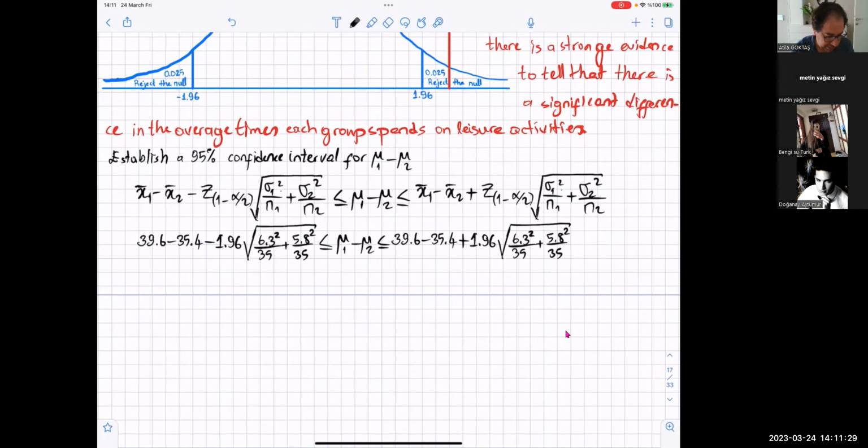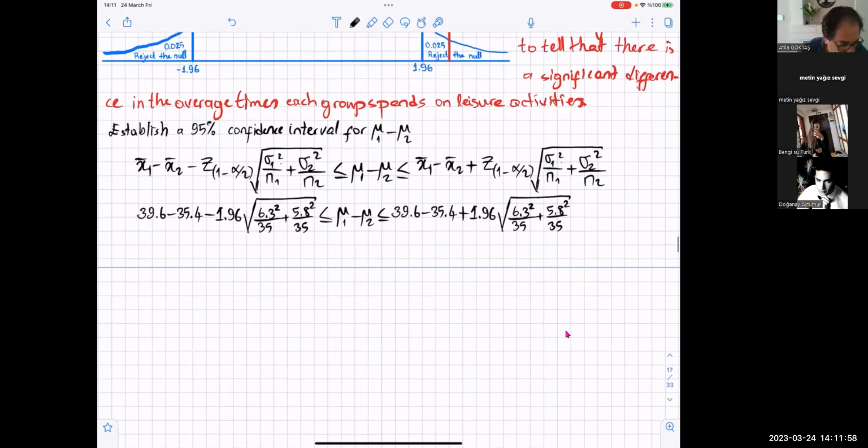Six minus 35.4 minus 1.96 times the square root of 6.3 squared plus 5.8 squared divided by 35. Okay, I'm mistaken here. Yeah, I've done it.